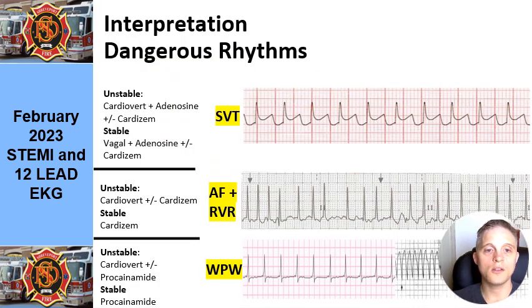So our other different types of rhythms are SVT, AFib RVR, which we've already talked about, and WPW. So we see right here our unstable is cardioversion and cardizem, like we talked about before, or metoprolol if you have it. Cardizem is our stable go-to, it is usually 0.125 to 0.25 mg per kg with a max total dose of 25 milligrams IV push, okay.